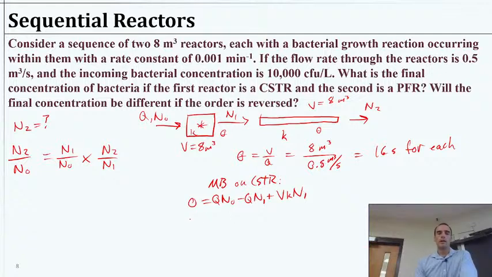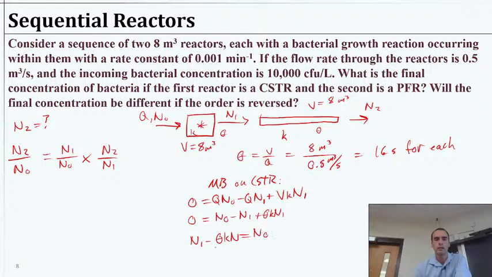So we can divide everything by Q. Say this is going to be N naught minus N1 plus theta K N1. We want this in N over N naught terms. So we're going to separate and then factor out. So I'm going to go ahead and just add N1 and subtract theta K N1. So we'll say N1 minus theta K N1 equals N naught.